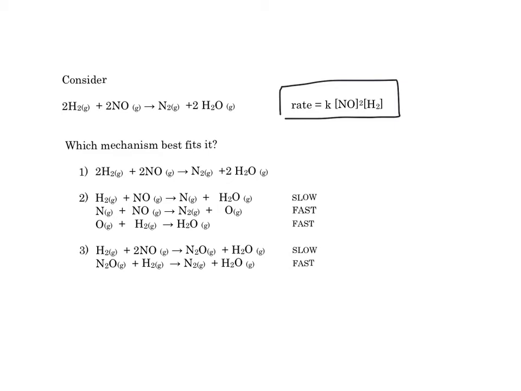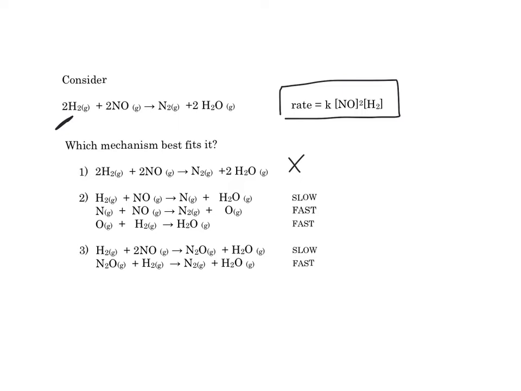If that exponent for H2 was 2, then it would come from this step. So we know based on the rate law exponent for hydrogen versus the coefficient, this does not occur in one step. So therefore, this suggested mechanism is not correct.